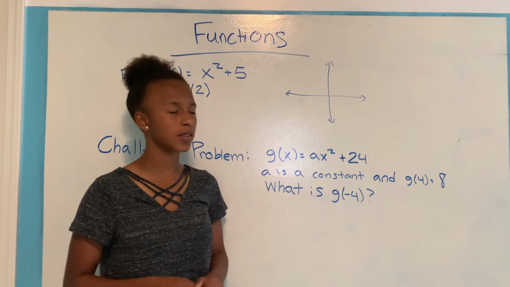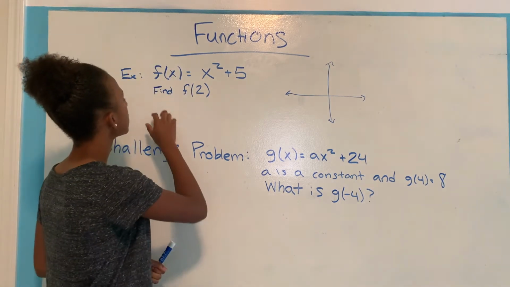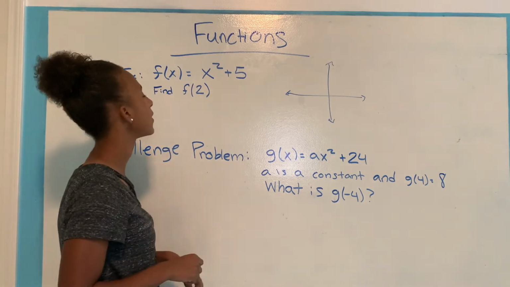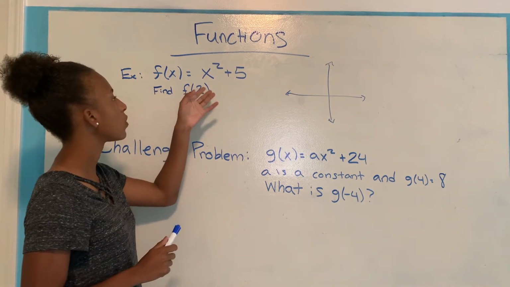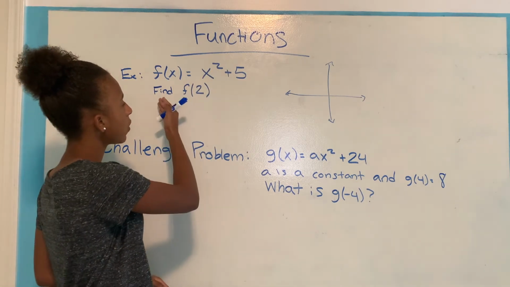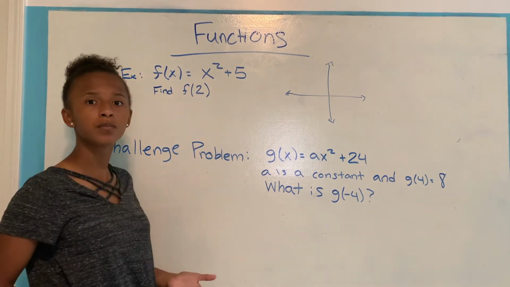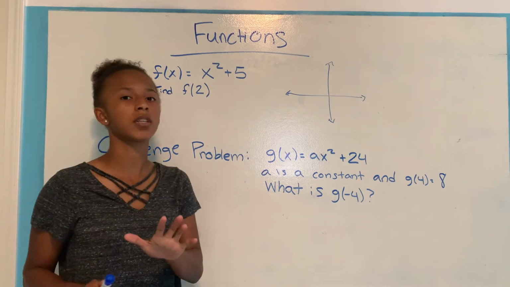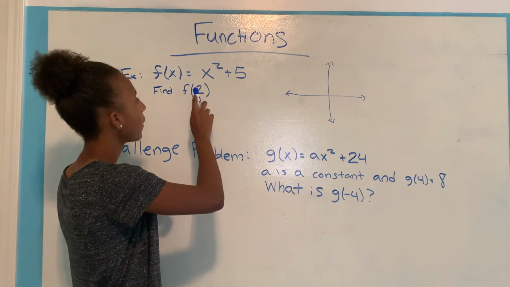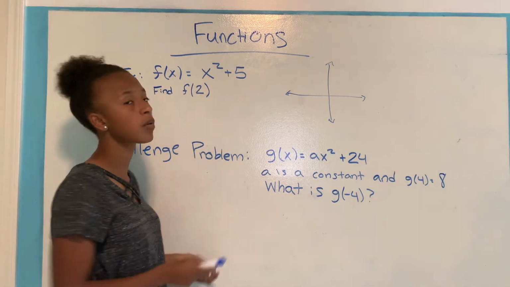These are some types of problems that you'll see. So this is example 1, and it's f of x equals x squared plus 5, and then you're supposed to find out f of 2, right? So a quick trick that you can always use with functions is whatever is in parentheses, that's what you're going to plug into the problem.